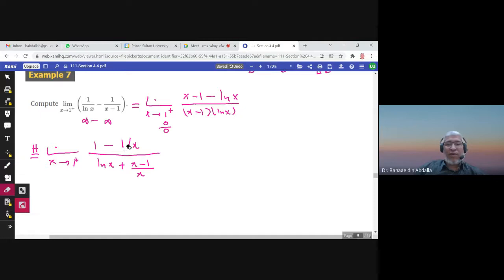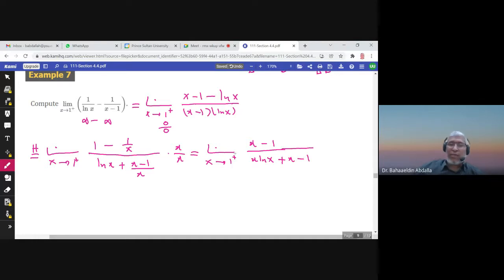I have x in the denominators, so I can multiply by x over x to simplify. So x times 1, x times 1 over x times ln x, and x will cancel with x, and we will have x minus 1.